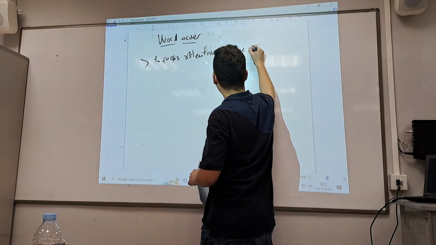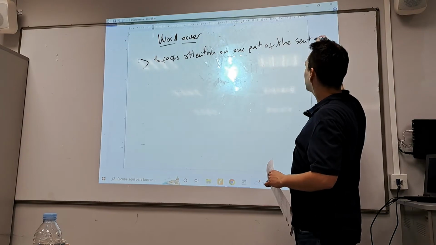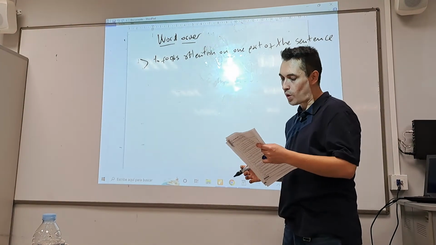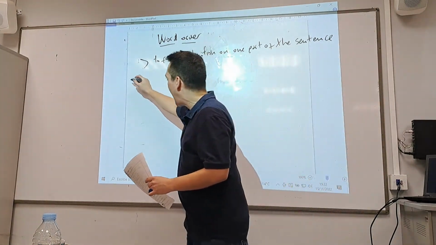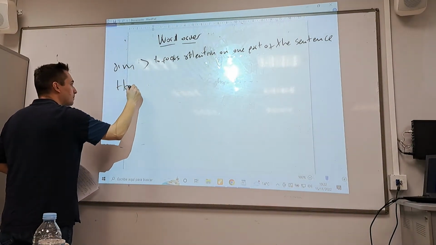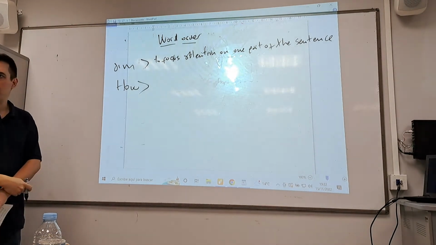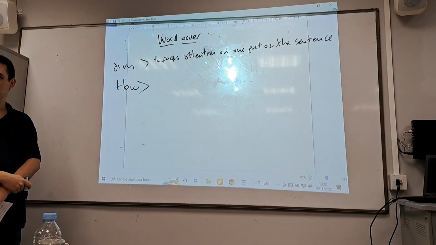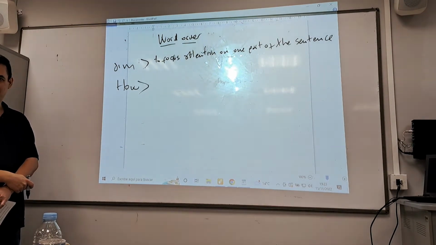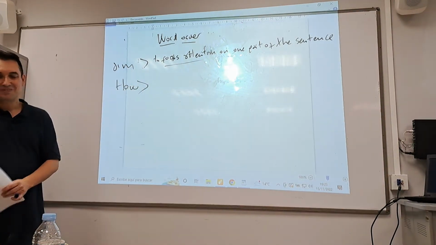To focus attention on one part of the sentence. And how do we focus the attention on one part of the sentence? What do we need to do?